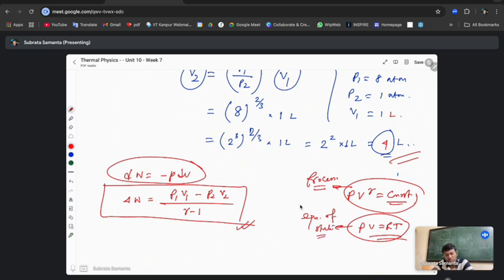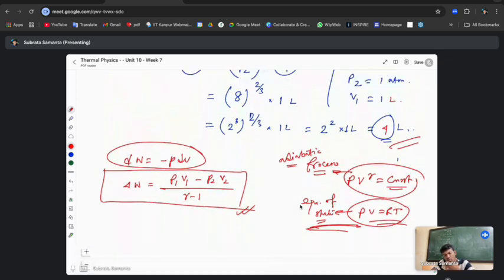So these are two different things: this is the adiabatic process, and this one is the equation of state. If you are provided which process and which equation of state, you can calculate the work done for this gas.